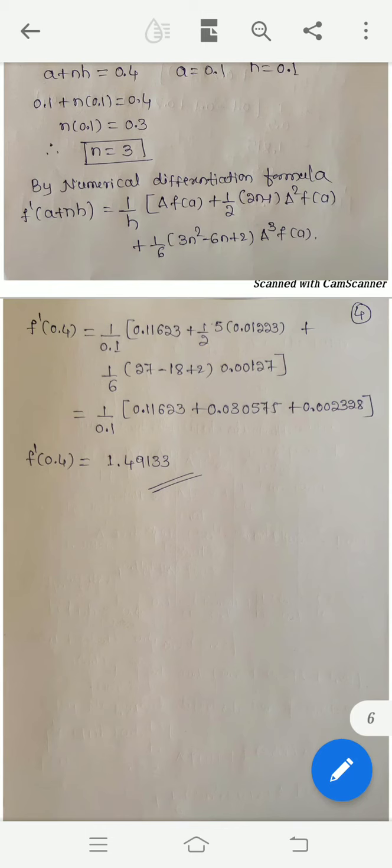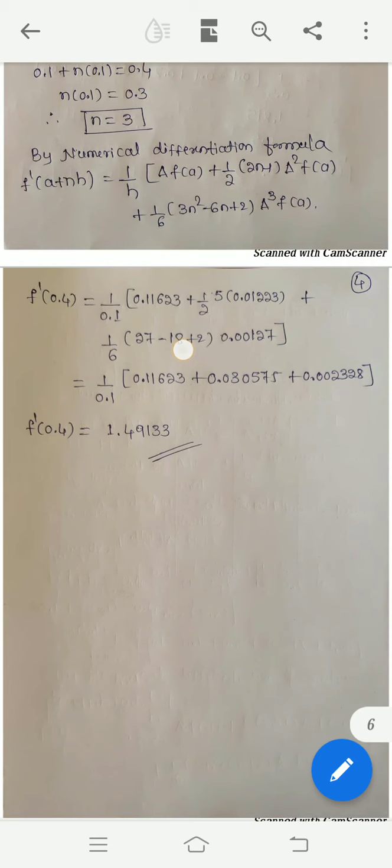Now f dash of 0.4 is equal to 1 divided by 0.1 into 0.11623 plus here 1 by 2 into 5 into 0.01223 plus here 1 divided by 6 into 27 minus 18 plus 2 into 0.00127.